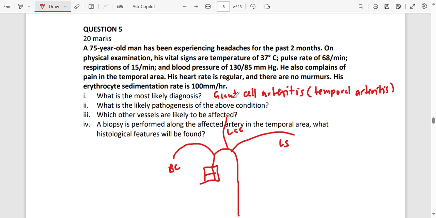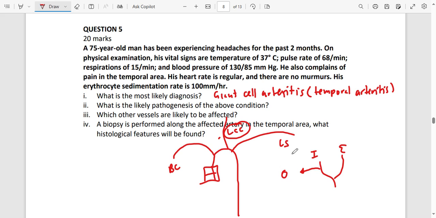For this condition, what we are picking is the common carotid artery, which splits into the internal carotid and the external carotid. The internal carotid gives one important branch that supplies the eye, the ophthalmic artery.